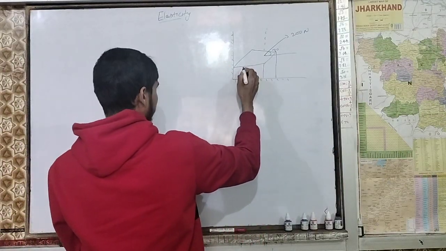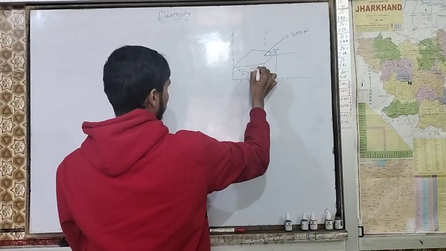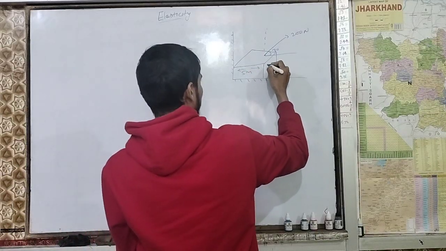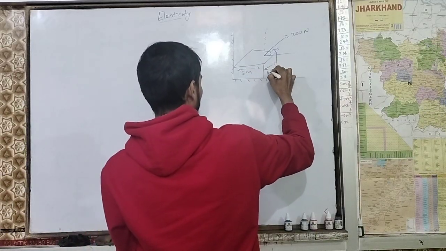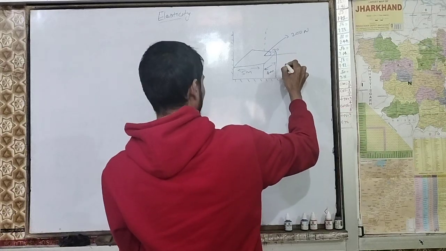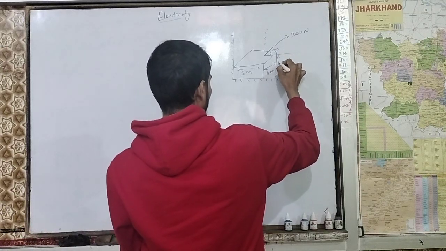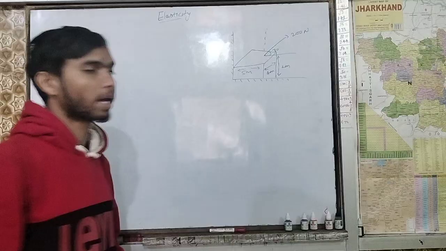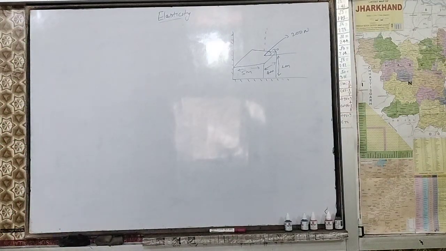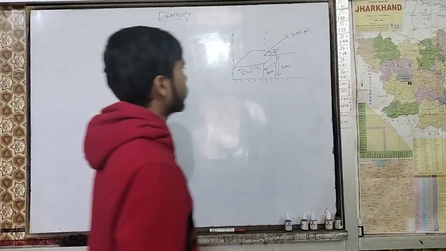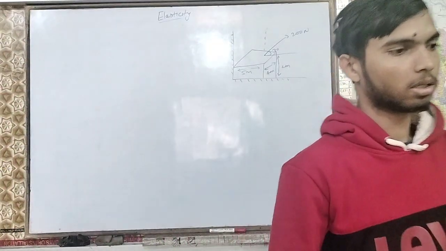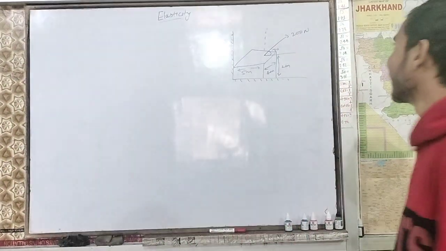This length is 5 meter, this length is 4 meter, and its height is 2 meter. It means we have a volume type of object, whose dimensions are 5 meter, 4 meter, 2 meter. 2 meter is the height.